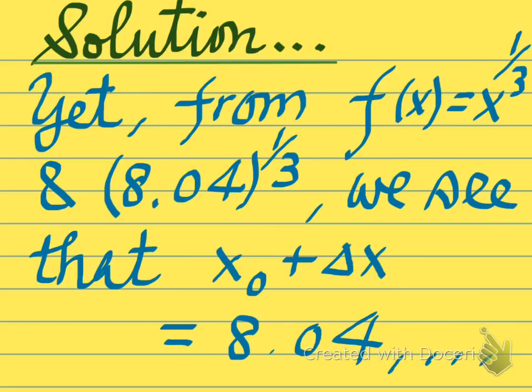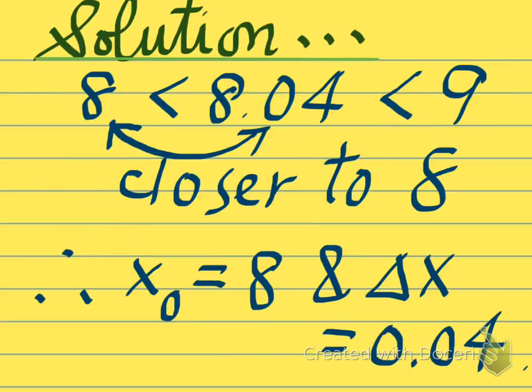Next, from f of x equal to x to the power 1/3 and the value given 8.04 raised to the power 1/3, we see that the new value indicated by x0 plus delta x must be 8.04. Can you follow, guys?